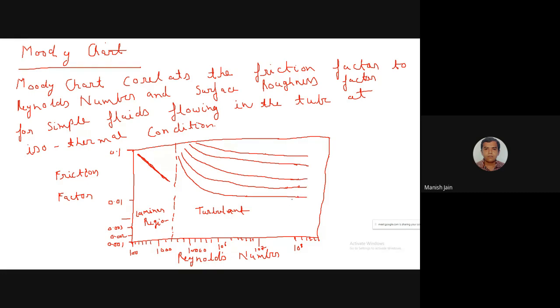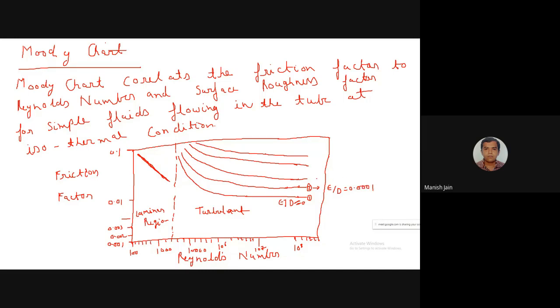So the last curve is for xi by D equal to 0, that means very smooth pipes. This is the first plot from the bottom. The second plot is for xi by D equal to 0.0001.